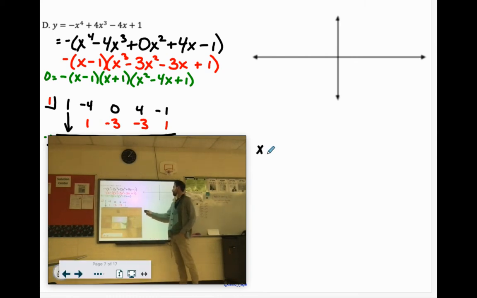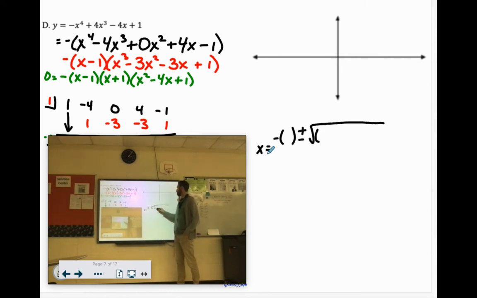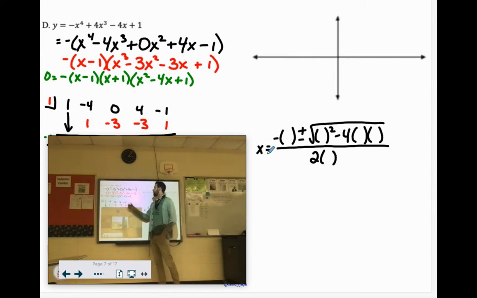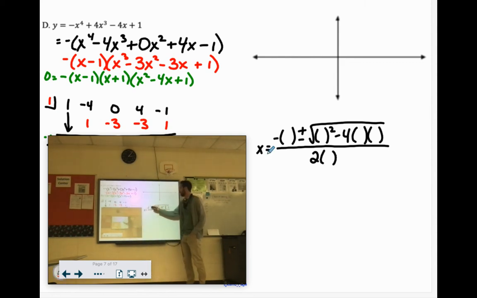X equals plus or minus b, which in our case would be negative b. I'll write the skeleton here first. So with what we have left, the b is that negative 4.